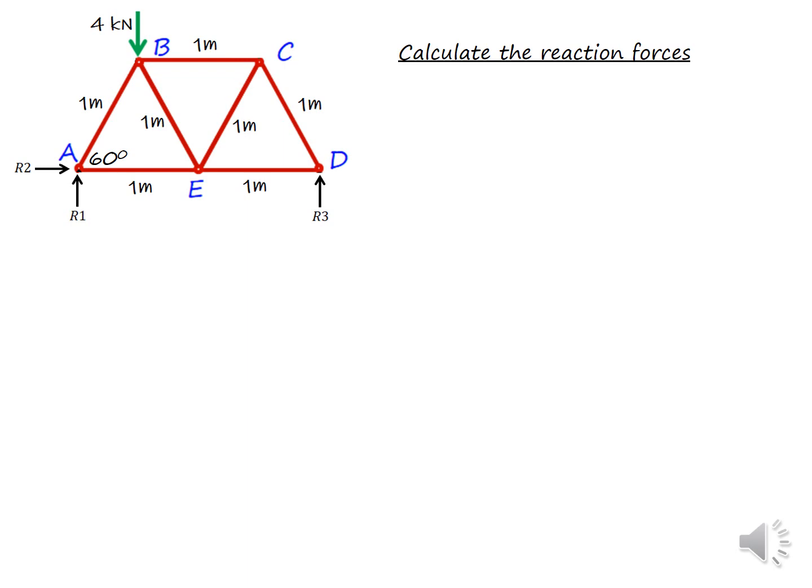As joint A is a pin support, there is one vertical reaction component and one horizontal reaction component, and joint D is a roller support, so I marked only one vertical reaction component R3.